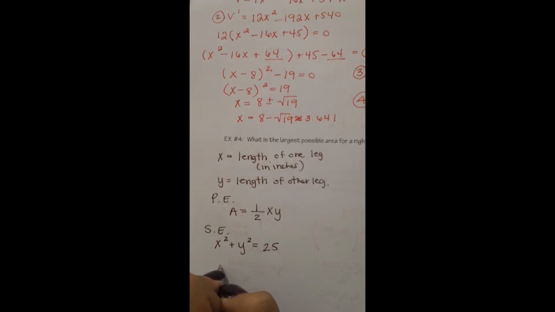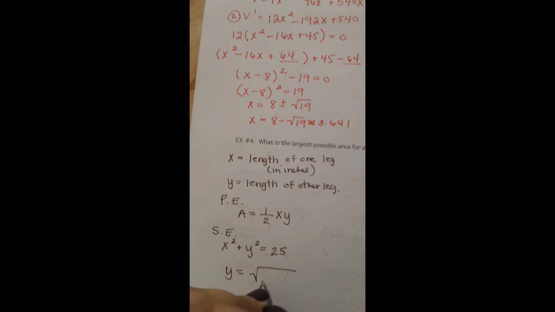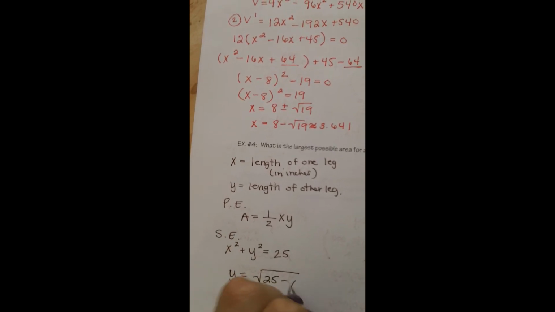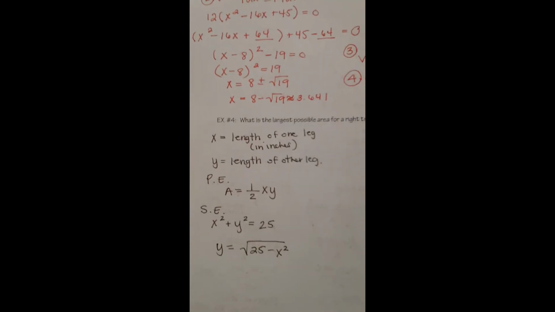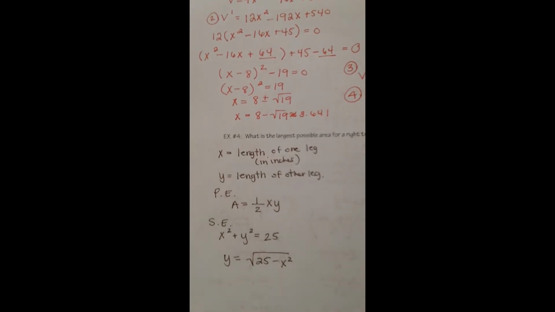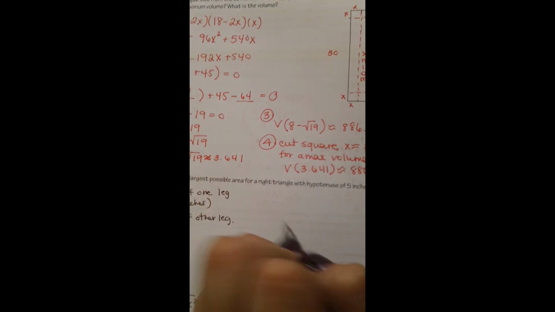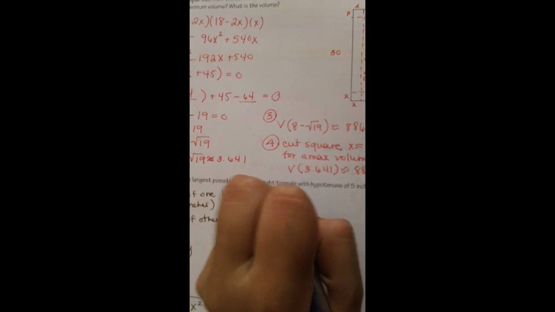We're going to solve for y. Y will be equal to the square root of 25 minus x squared. From here, we're going to go on to our primary equation. Substitute in our y value.